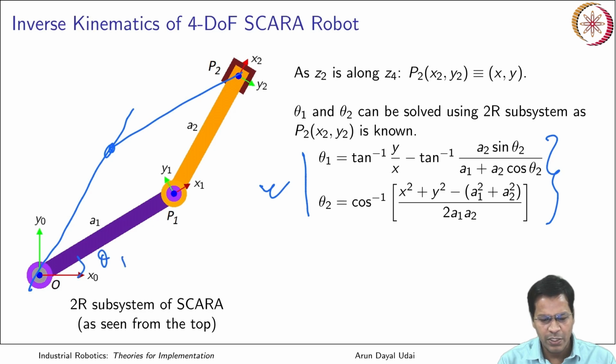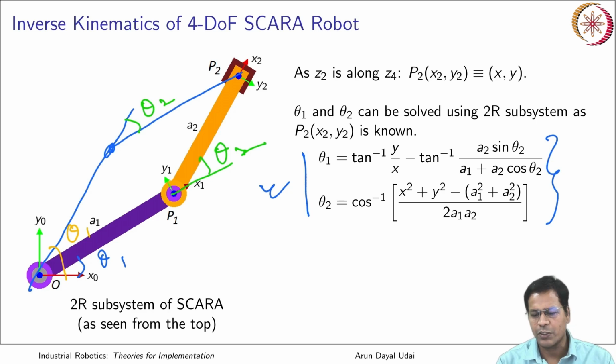This is your theta 1 or this is your theta 1. Again, this is your theta 2 or this can be your theta 2. Got it? So these were the two solutions. We'll come back to these multiple solutions. But for now, you have already obtained theta 1 and theta 2.